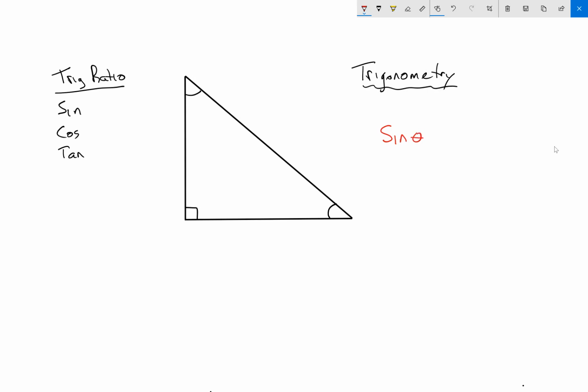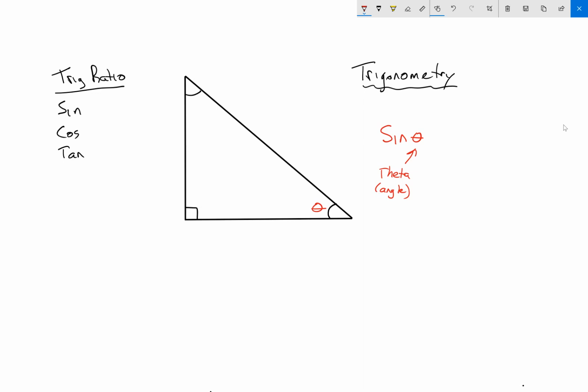And what I'm going to say is that this symbol right here is called theta. Okay, it's just a Greek word for that symbol. And that symbol always represents an angle. Always. And so this angle right here, whatever this angle is, remember I said it was 30 degrees before, that angle is represented by theta.